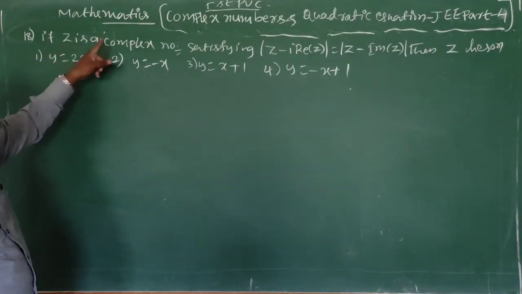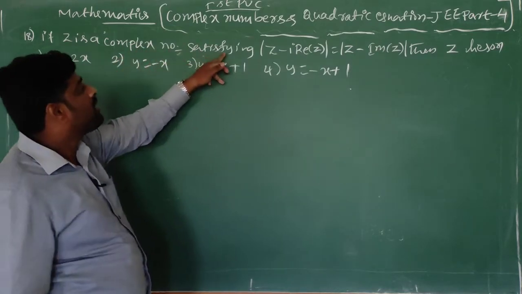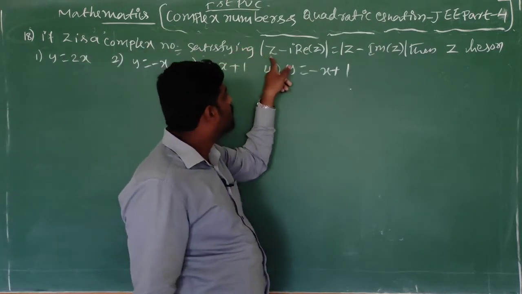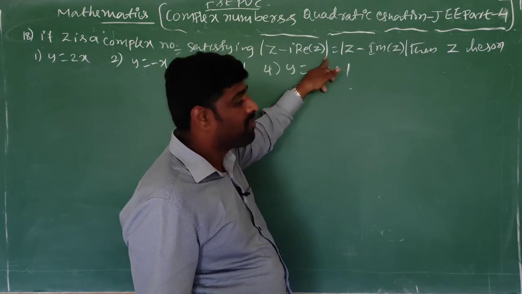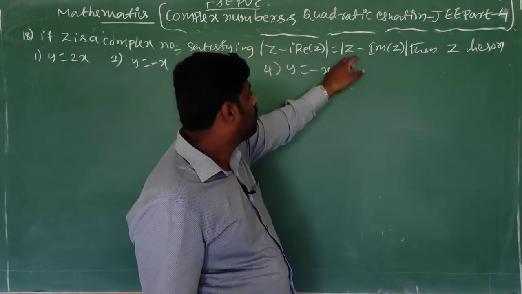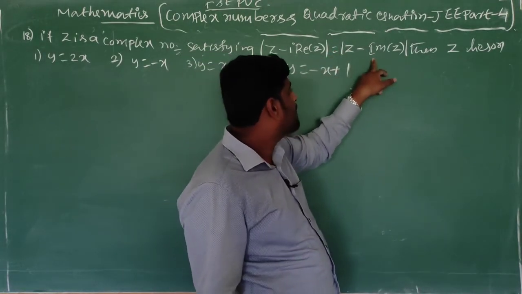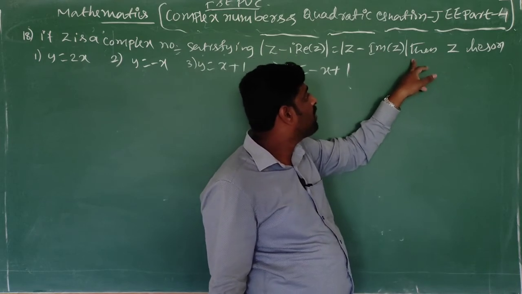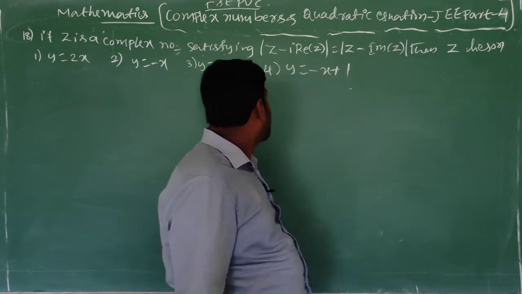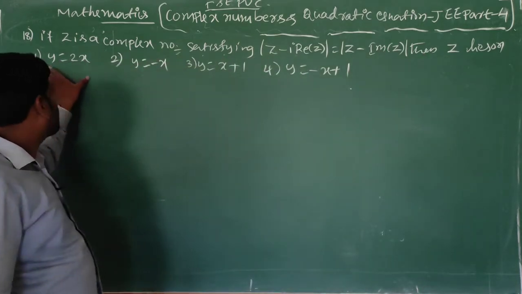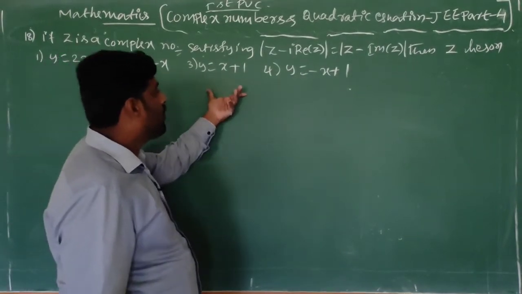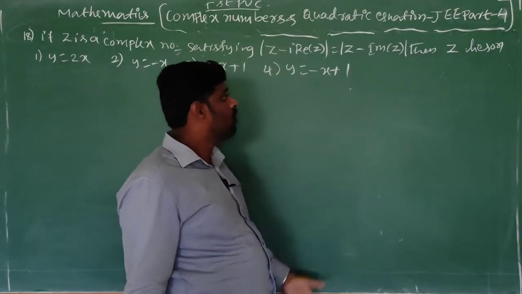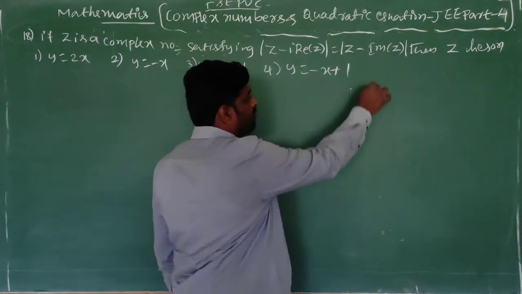If z is a complex number satisfying modulus of (z minus i real part of z) equals modulus of (z minus imaginary part of z), then z lies on: y is equal to 2x, y is equal to minus x, y is equal to x plus 1, y is equal to minus x plus 1.